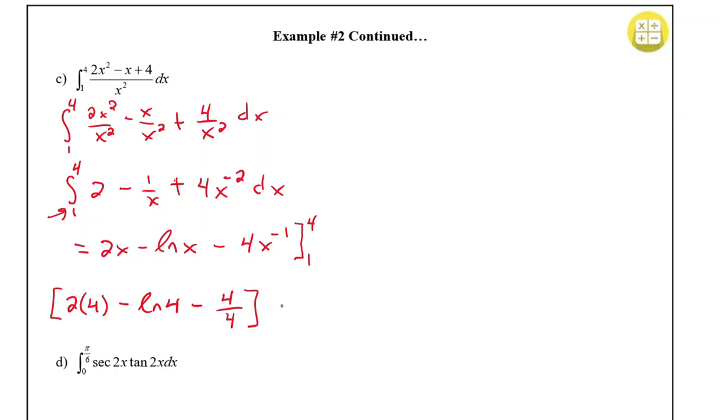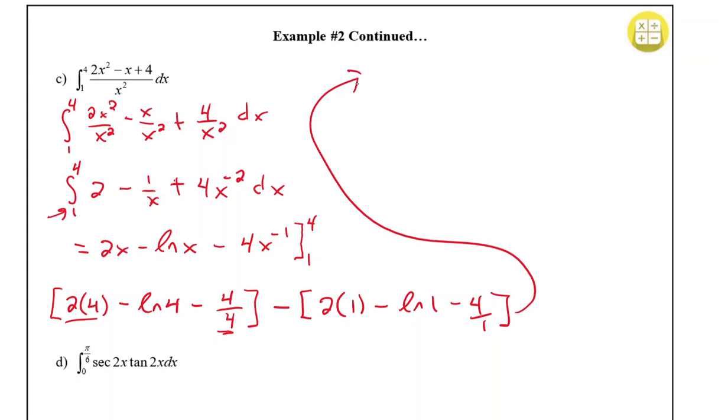Is all I did there. Minus, and then 2 times the 1 that we're putting in. So 2 times 1 minus the natural log of 1 minus 4 over 1. All right, so we're running out of room, so I'm going to carry on up here.